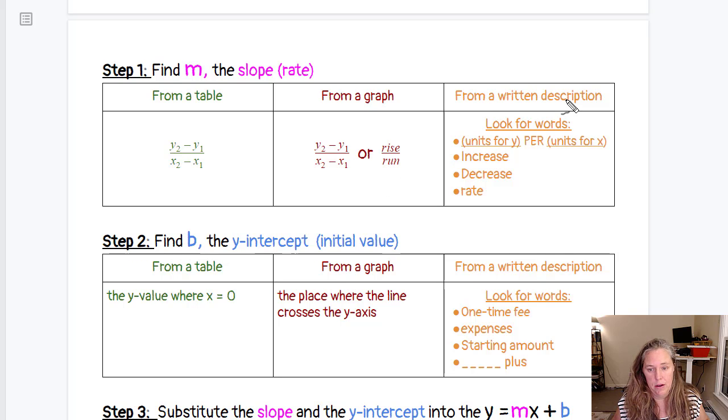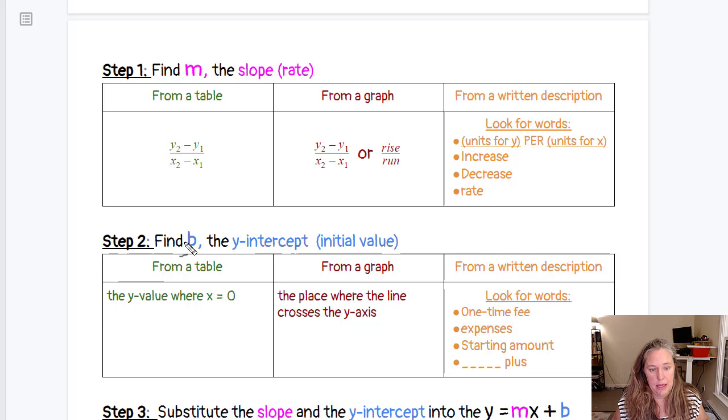And if you have a written description, you can look for the words per. So units for y per units for x means like dollars per hour or inches per year. Okay. Also, if you see the word increase, decrease, or rate, those are hints that you have the slope.